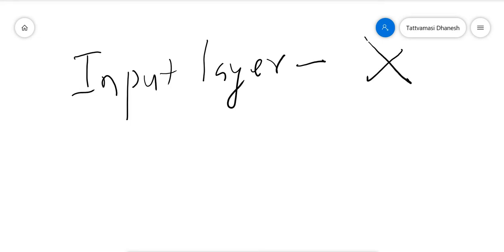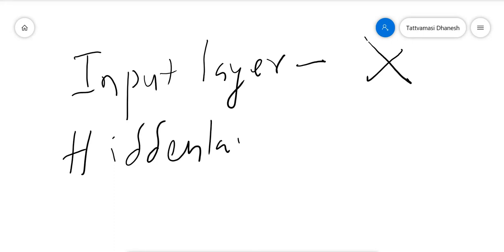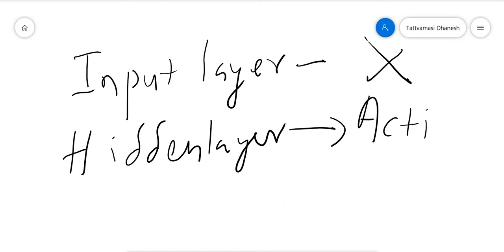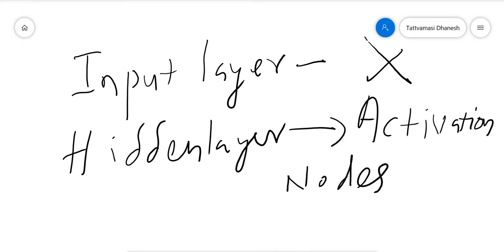X gives the input. The hidden layer we call the activation nodes. Activation nodes mean the weight of the network.